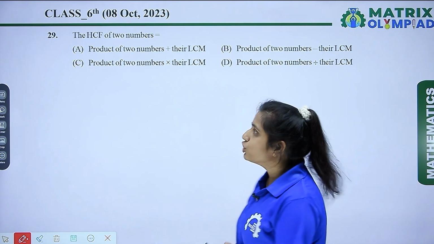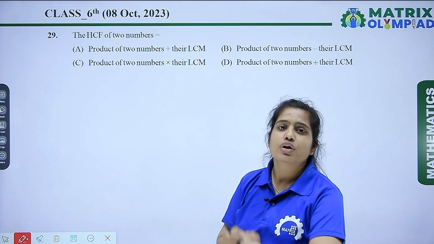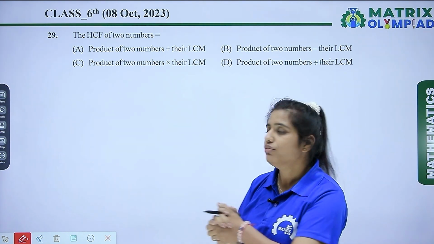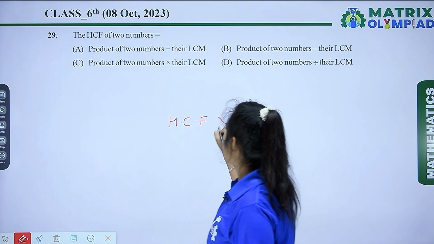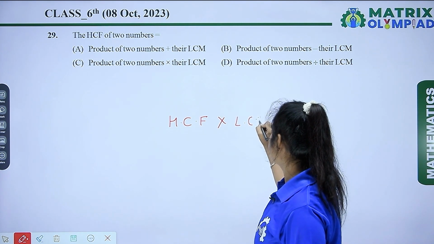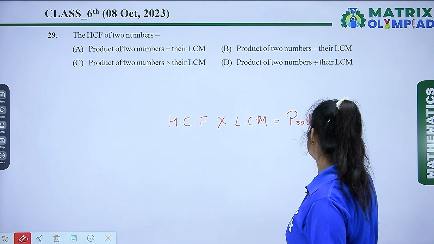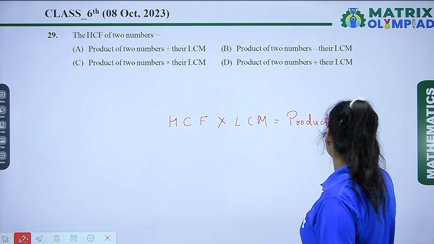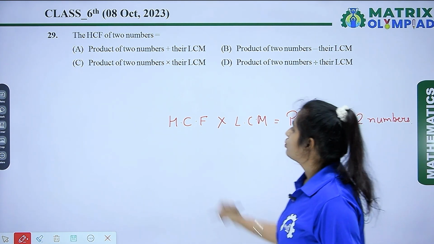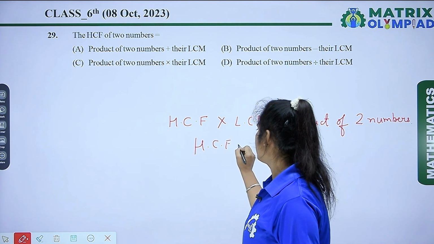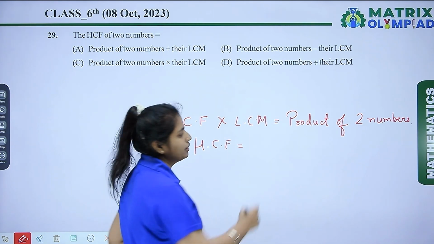In this 29th question, it is said that the HCF of two numbers is equal to. We have to find out जो HCF होता है दो numbers का वो किसके equal में होगा. So the formula is HCF multiplied by LCM is equal to product of two numbers. So here we have to find out the HCF, और HCF find out करने के लिए हम लोग क्या करेंगे, product of two numbers divided by LCM.